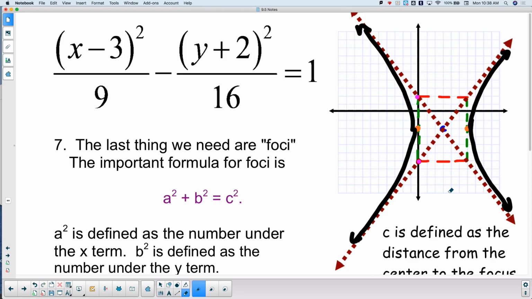The formula for these foci is a squared plus b squared equals c squared. Straight up Pythagorean theorem. A squared is always the number underneath the x term. B squared is always the number underneath the y term. So in this case, a squared is what? 9.